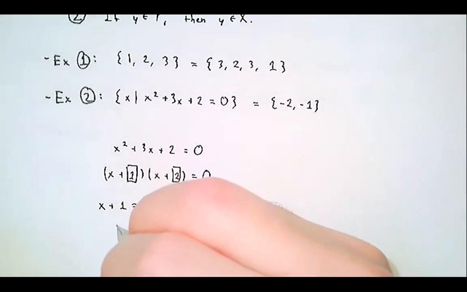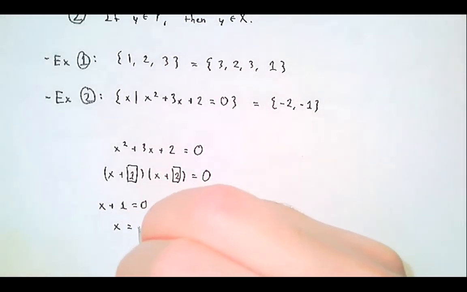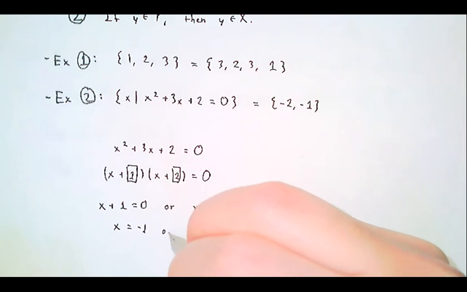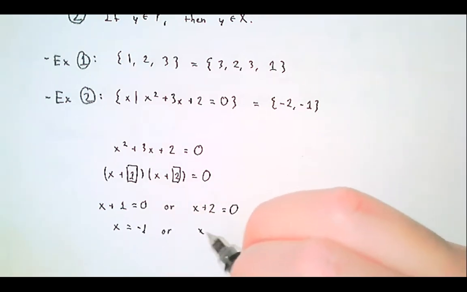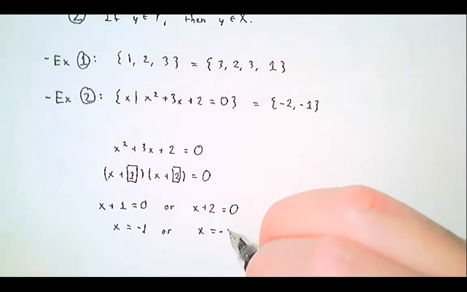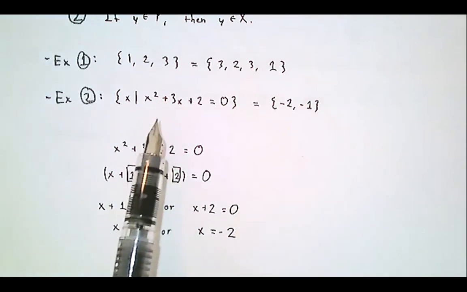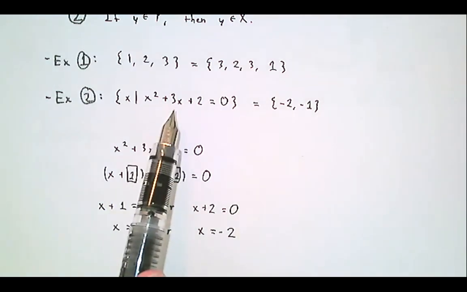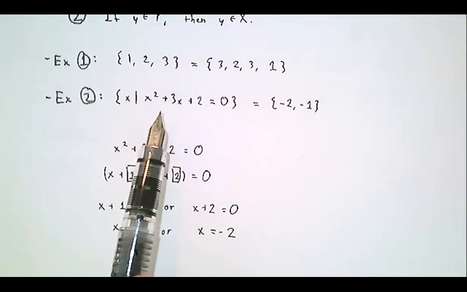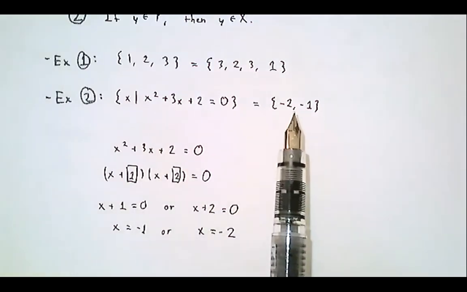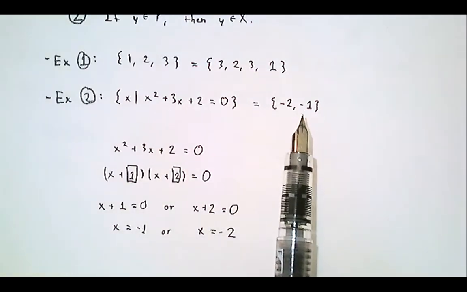And that means this first one means x should be minus 1. And the second one tells us that x equals minus 2. So after we work through a little bit of algebra, we can see that the numbers that satisfy this equation in the set builder notation are actually these two numbers in the other set.